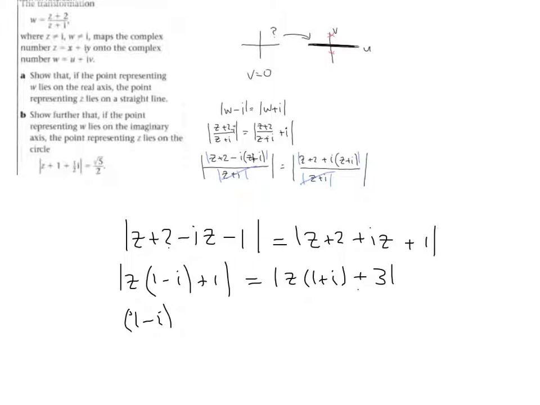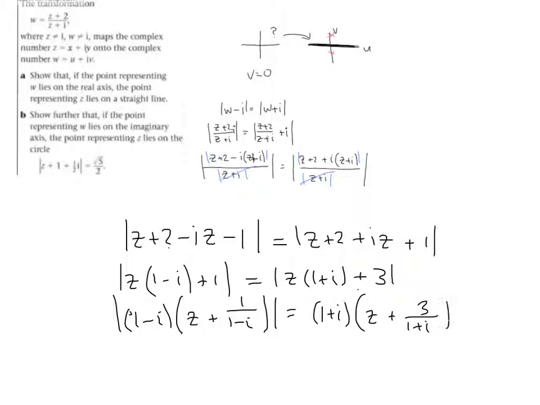Modulus of (1 minus i) lots of (z plus 1 over 1 minus i) equals modulus of (1 plus i) lots of (z plus 3 over 1 plus i). Let's make the modulus of the product the product of the moduluses.